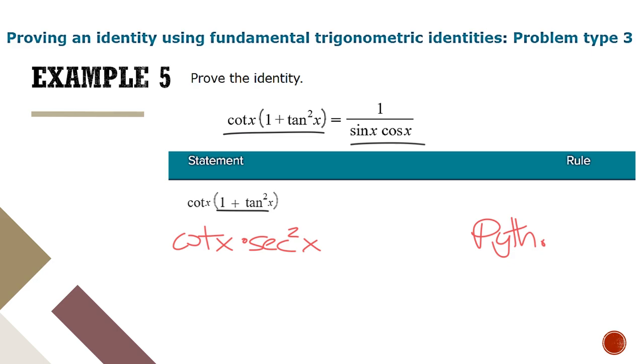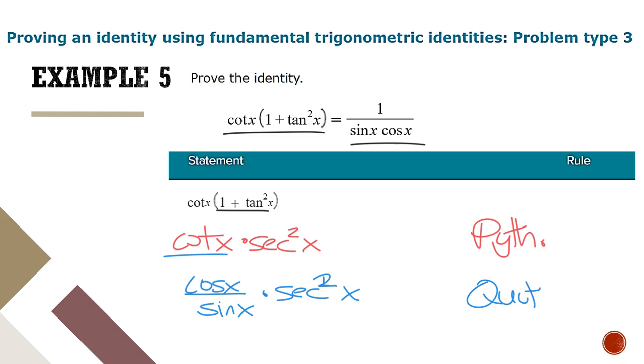Now, there are multiple things we can do. We're going to first just change that to sine or cosine. So cotangent is cosine of x over sine of x, and that is still times that secant squared of x. Let me rewrite the secant squared, and that is called the quotient identity.